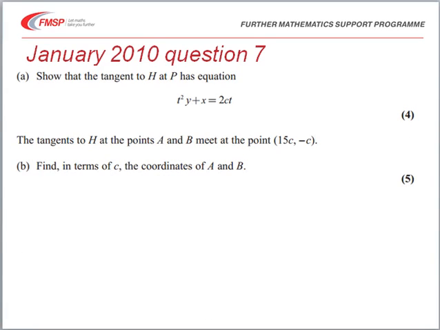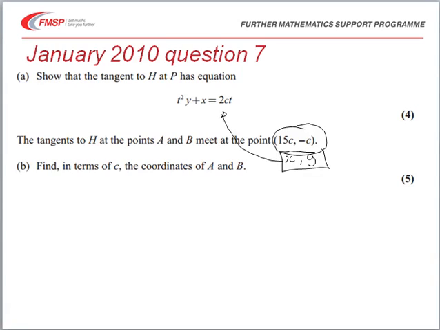In part B of the question, we're given that two tangents meet at this point 15c and minus c. So that means that these values of x and y must be solutions to the tangent equations.